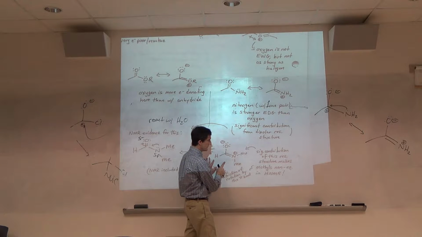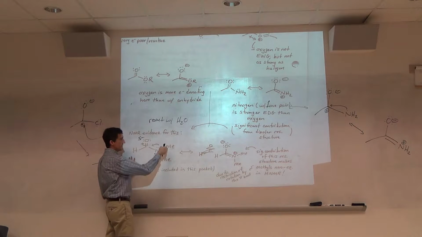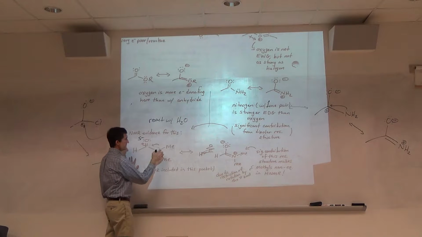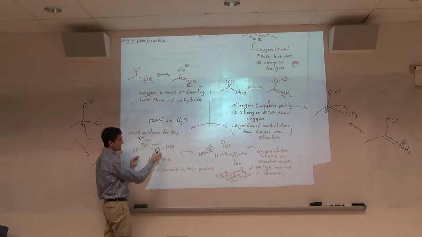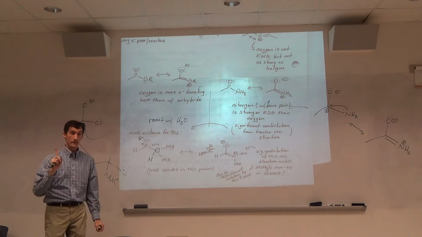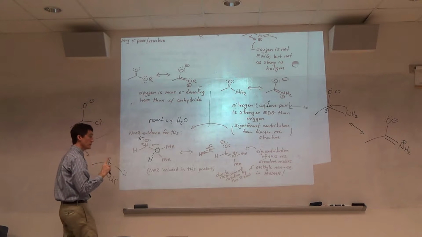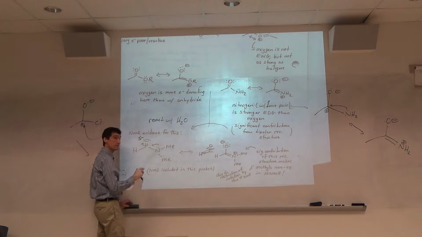How many signals in an NMR do you expect for this here? To answer that, what if that's a carbon with maybe an H on it? How many signals for this? One. It should be equivalent, like an isopropyl group. Well, with a nitrogen, they're still equivalent, perhaps.